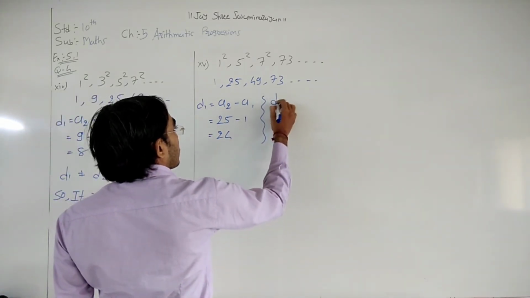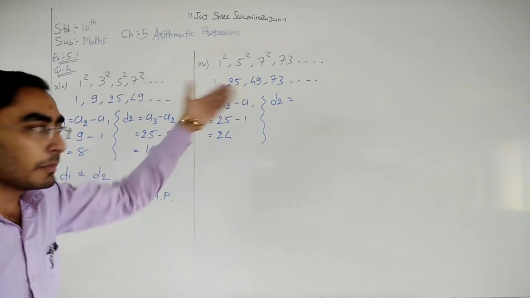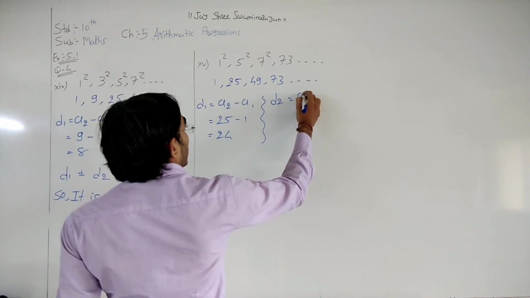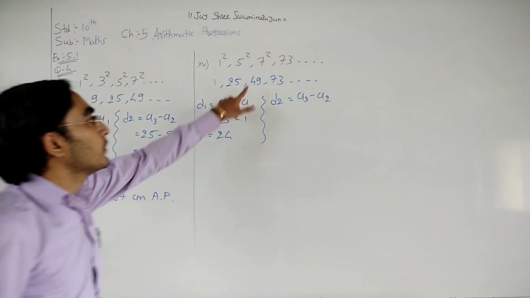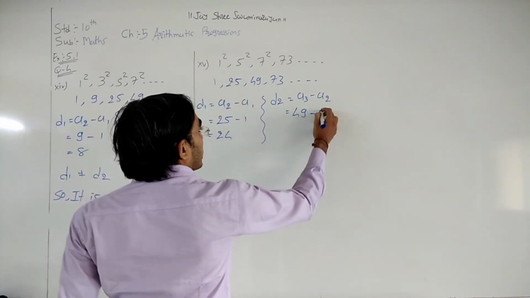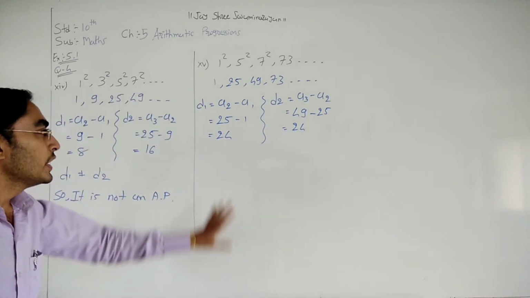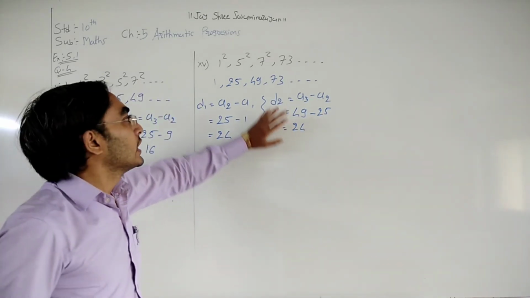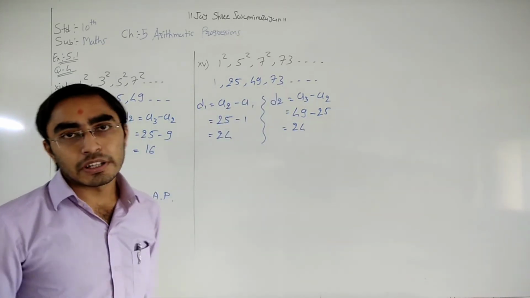Now find out the difference d2. What is the formula of d2? a3 minus a2. So third term 49 minus second term 25 is equal to 24. So here we have the same common difference. If you look at the fourth term, then even 49 plus 24 is 73.